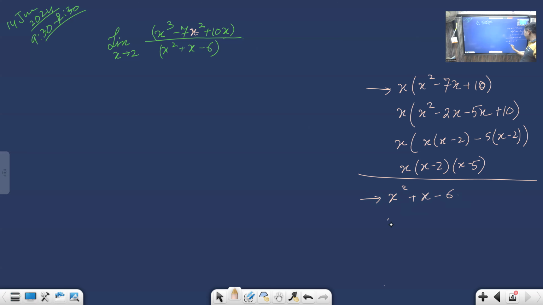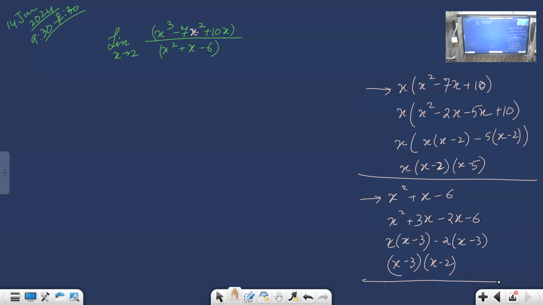If you look at the denominator, this x square plus 3x minus 2x minus 6. So this is x plus 3, this is 2, x minus 3, and this is 3. So x plus 3 and x minus 2. So this is the denominator.